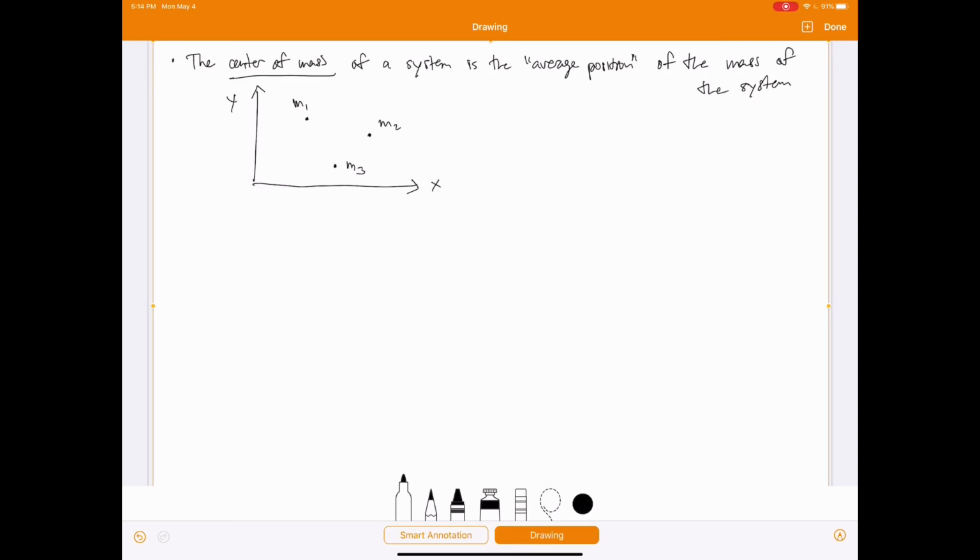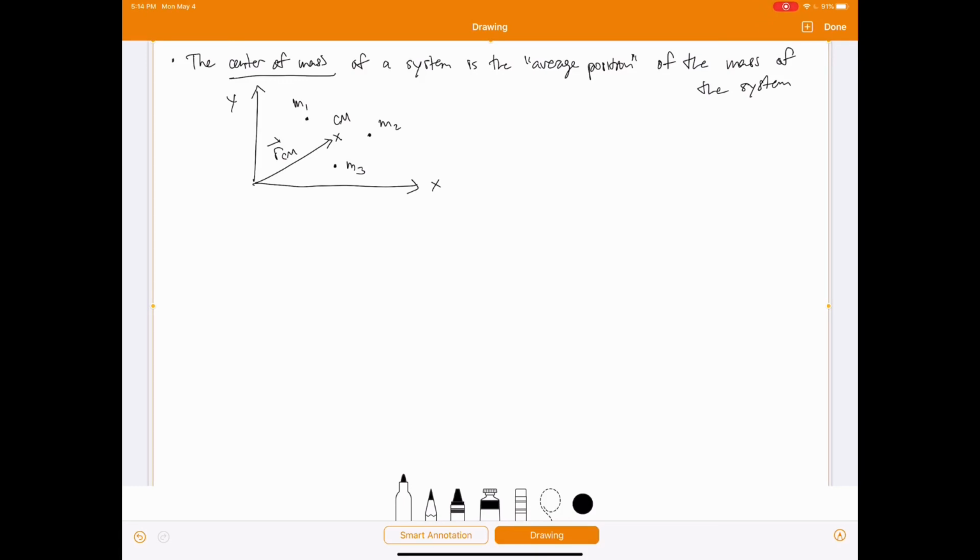Well, we somewhat expect it to be in the middle somewhere. So let's just write that X is where the center of mass is. But I want some way of actually calculating where that point called the center of mass is located. So this is R_CM. This is the position of the center of mass.